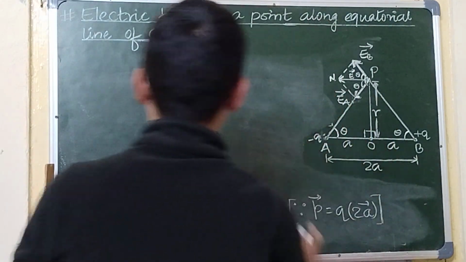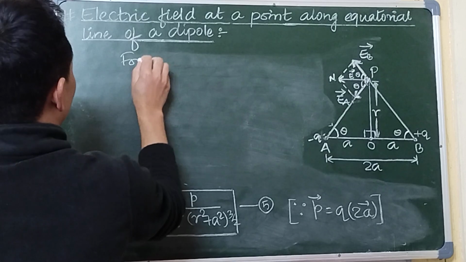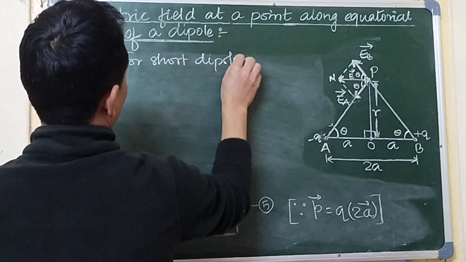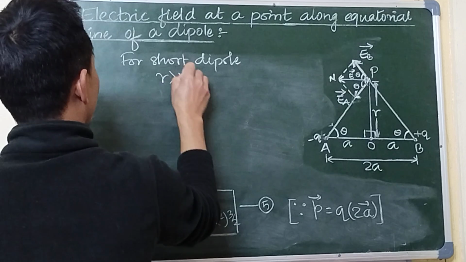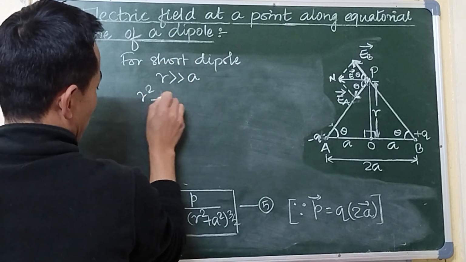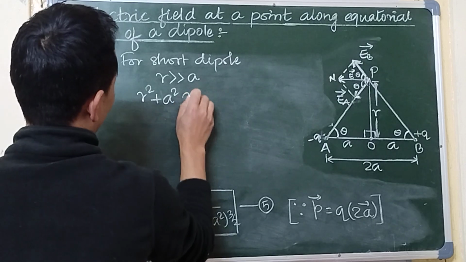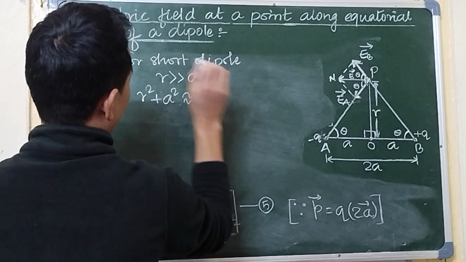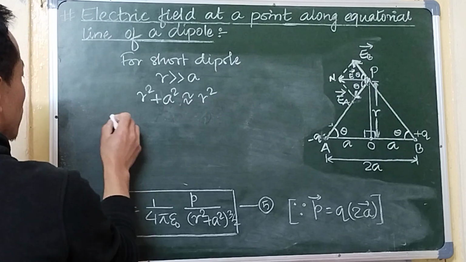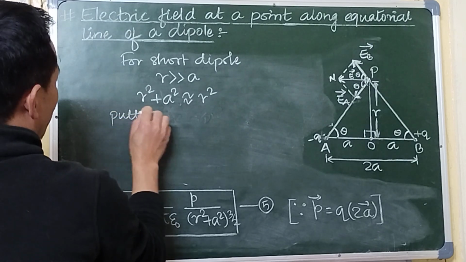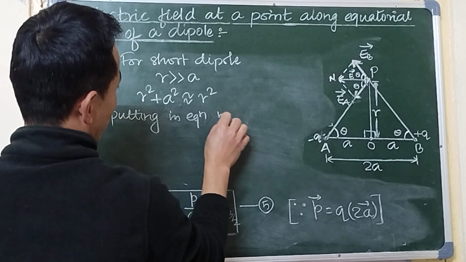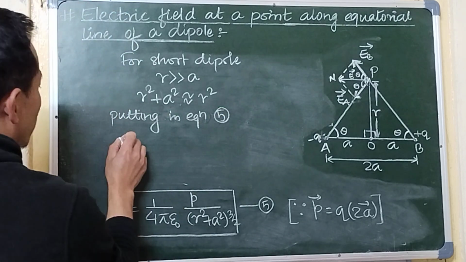For a short dipole, R is much greater than A, and under this condition R square plus A square can be written as nearly equal to R square. So let's put this in equation 5.